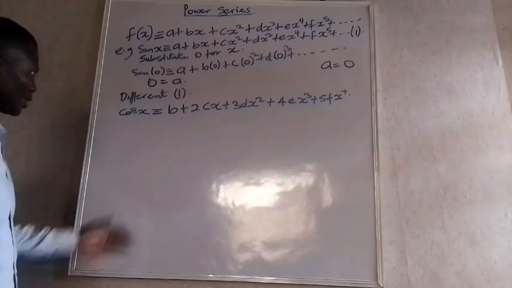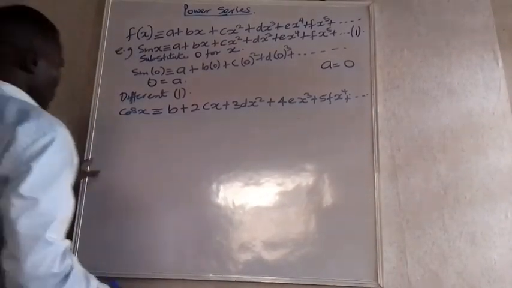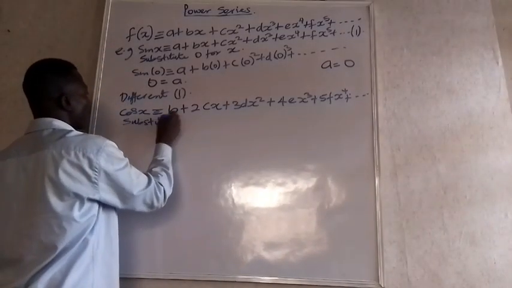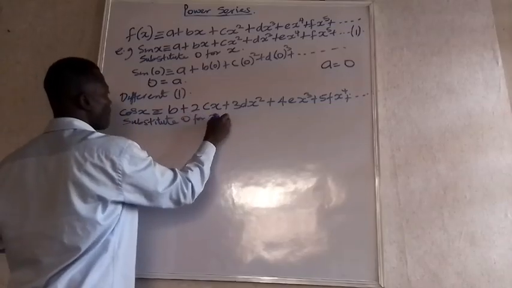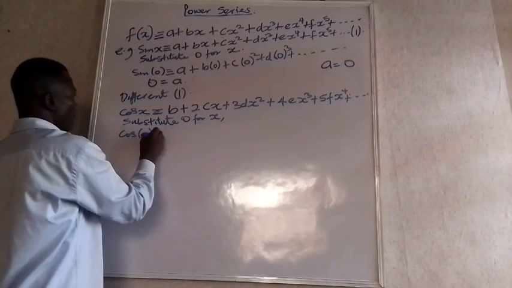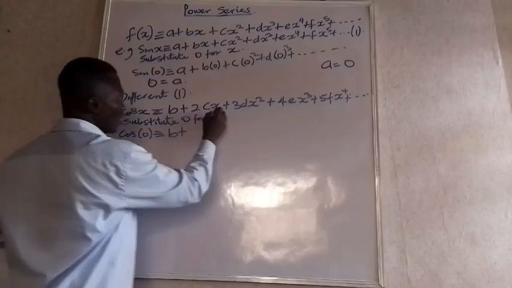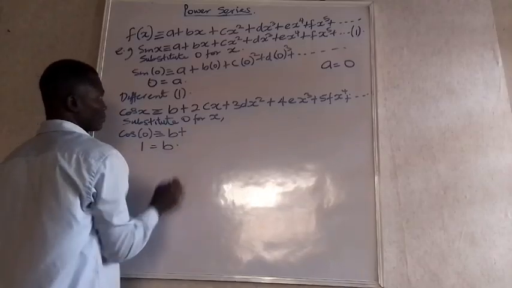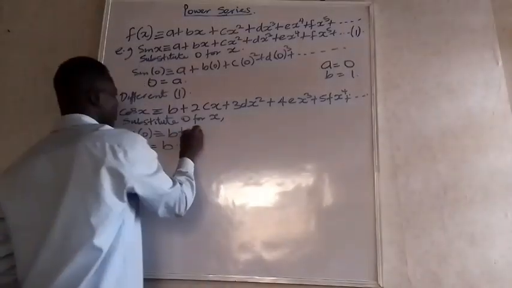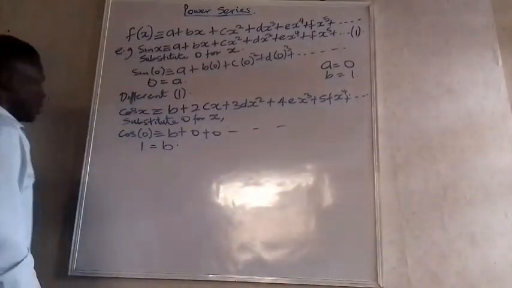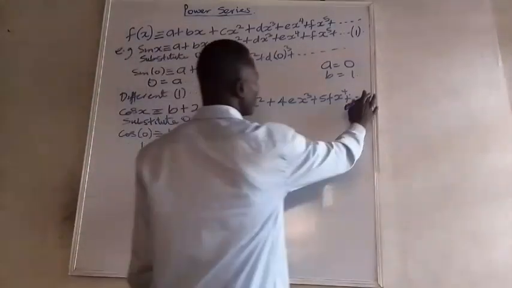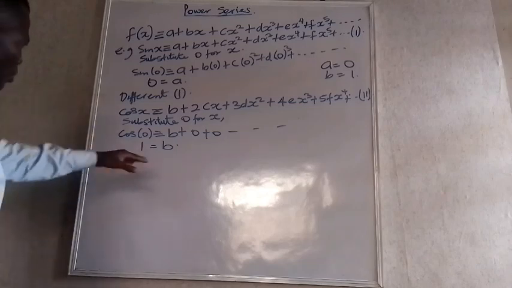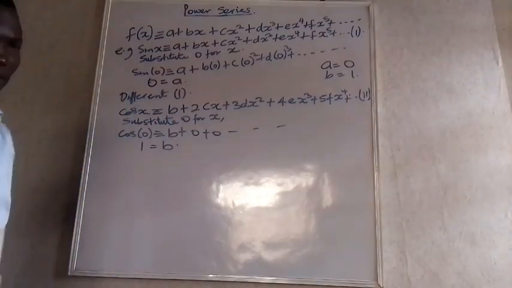Now, let's substitute 0 in this place again. Let's call this 2. Let's differentiate 2.